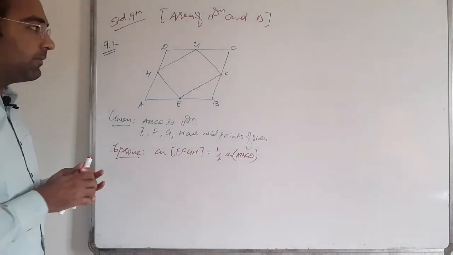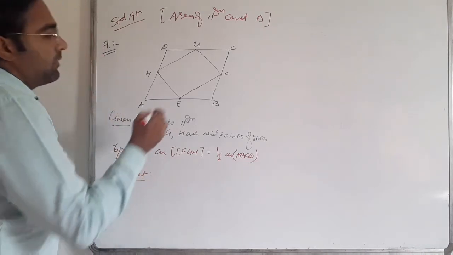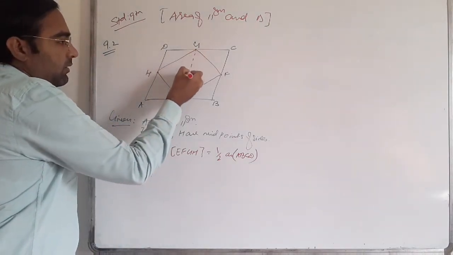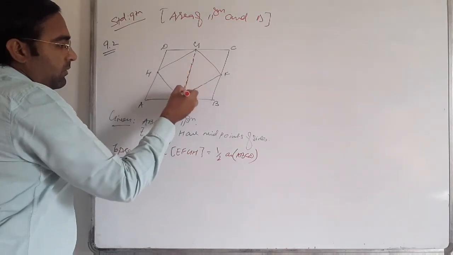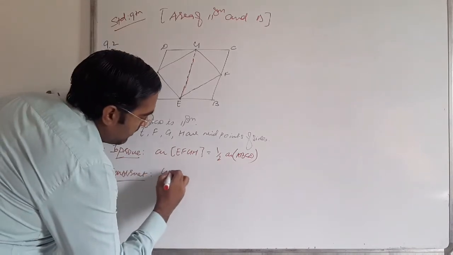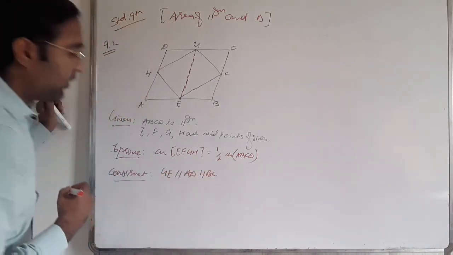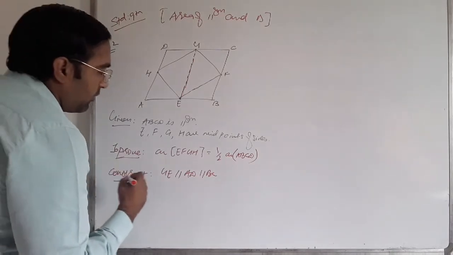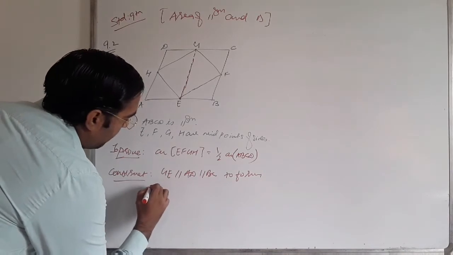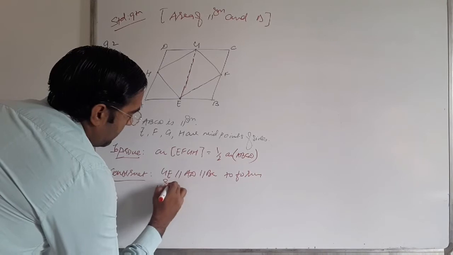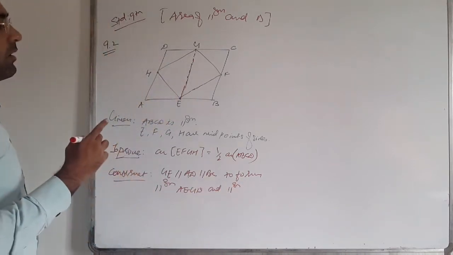Now first of all we have to construct GE parallel to AD, parallel to BC. Therefore two parallelograms are formed: parallelogram AEGD, and the second one, parallelogram BEGC.